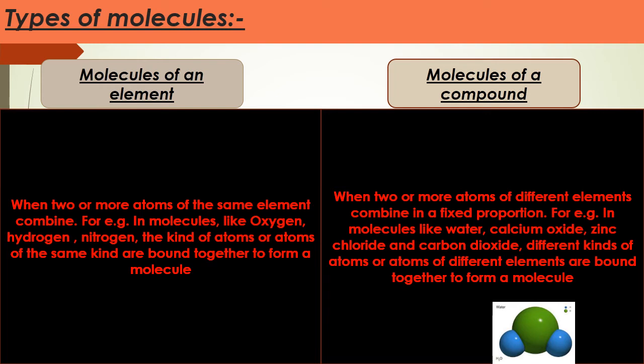They combine together in fixed proportion, and then a molecule of a compound is formed. Like water. In water, two atoms of hydrogen and one atom of oxygen together form the water molecule. Similarly, in calcium oxide, zinc chloride, carbon dioxide, these are examples where atoms of different elements combine together to form a molecule.